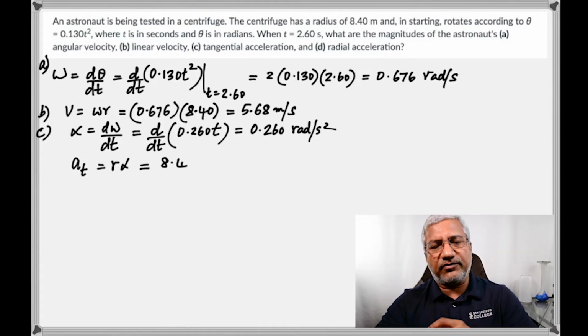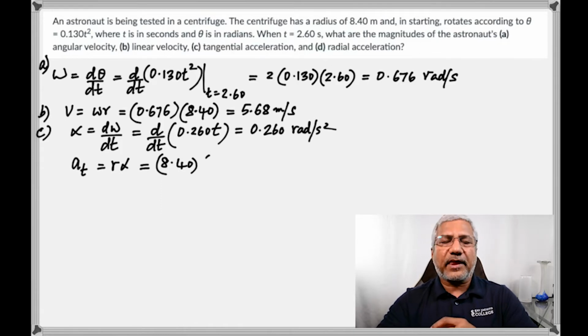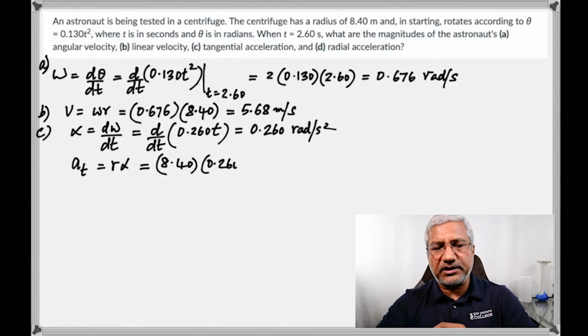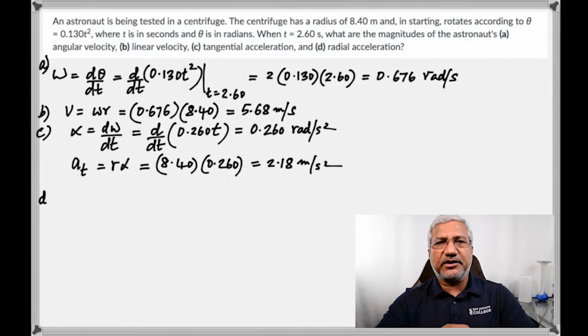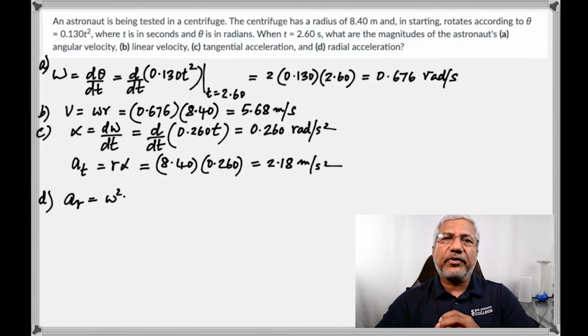So r alpha gives you 8.40 times the alpha that we have, which is 0.260. And that gives 2.18 meters per second squared, because it's a linear acceleration.